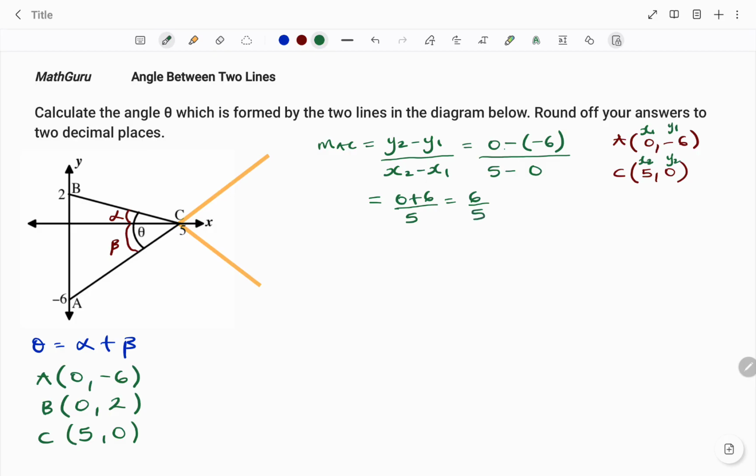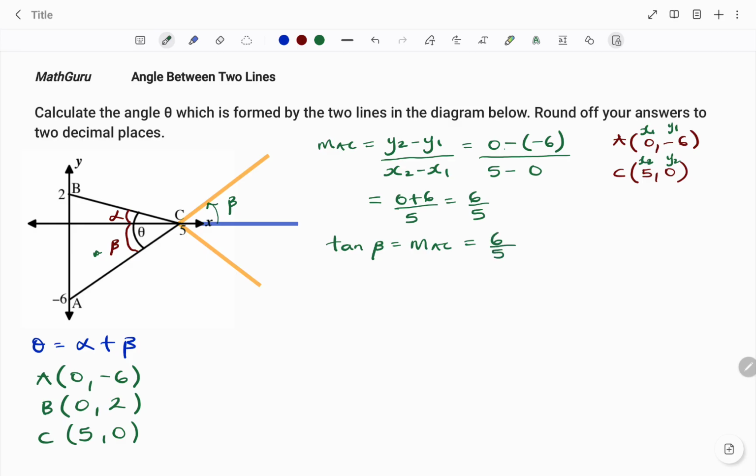Like I mentioned earlier, when you're reading your angle of inclination, you read from your x-axis. So the value I'm going to get will be from my x-axis in this way, and note that these are vertically opposite angles with my B, such that this angle is also equal to beta. So to find the angle of inclination, I have tan of my beta equals the gradient, which is MAC, in this case 6 over 5.